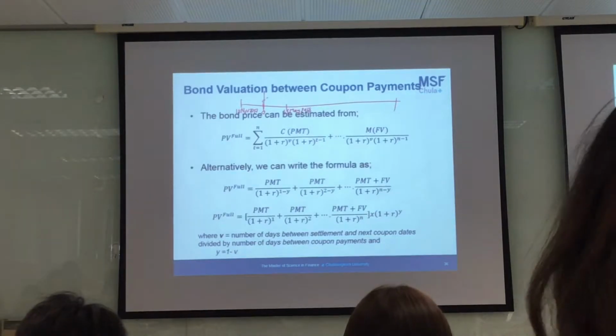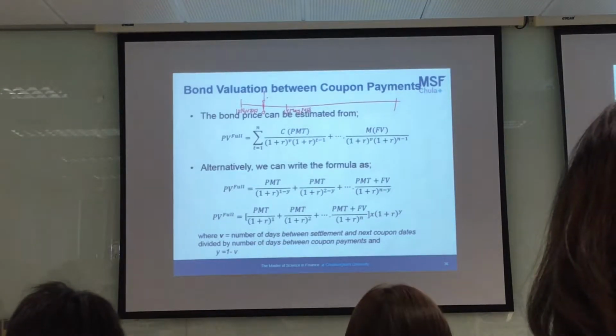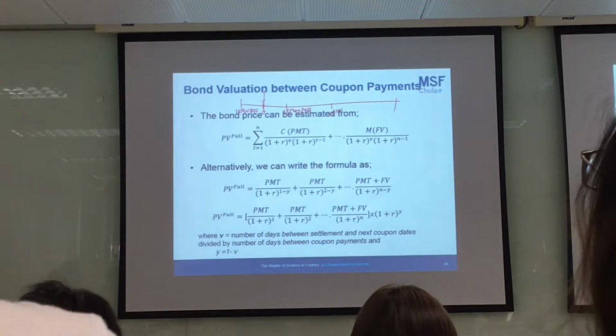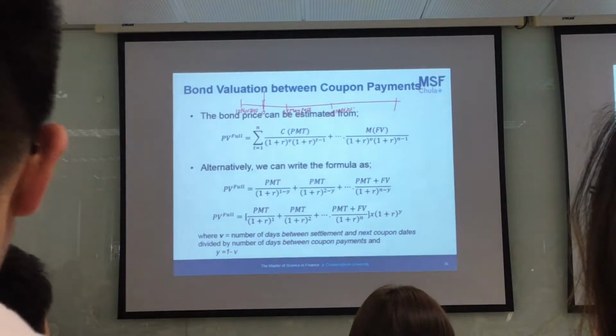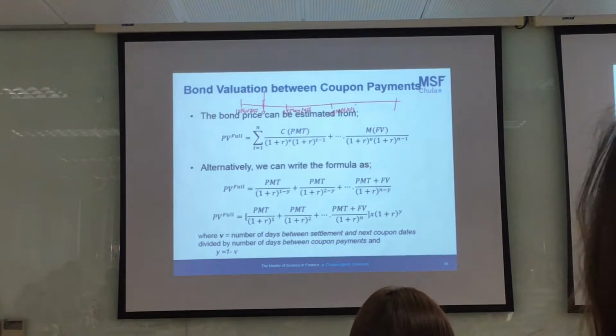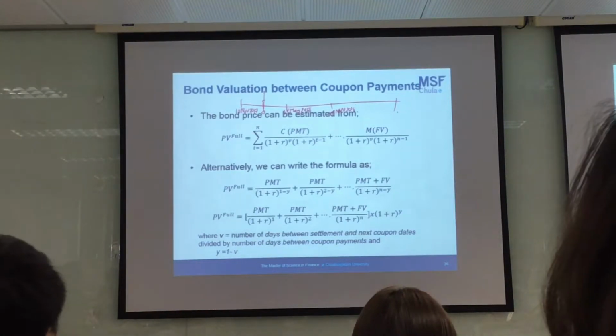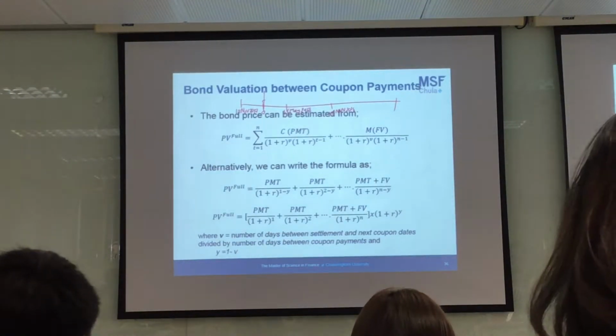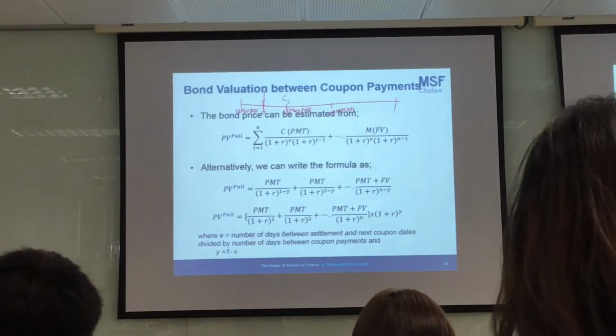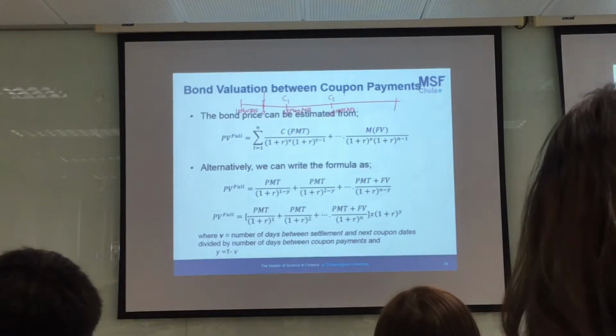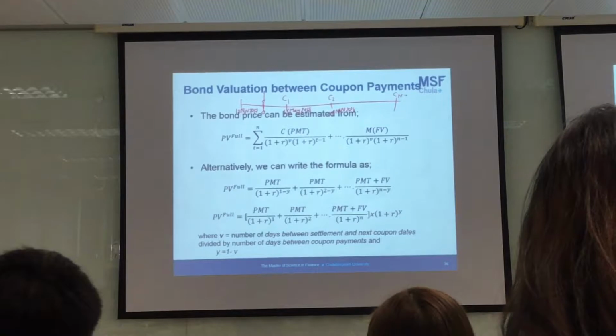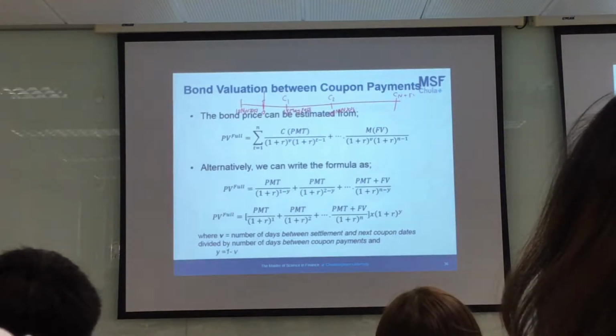You price the bond here, and then the next coupon will be 15 November 2018, and so on until the maturity date. So this is the first coupon payment, second coupon payment, until the end, plus the face value.